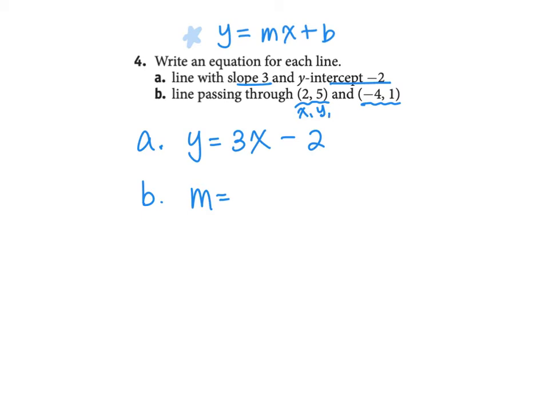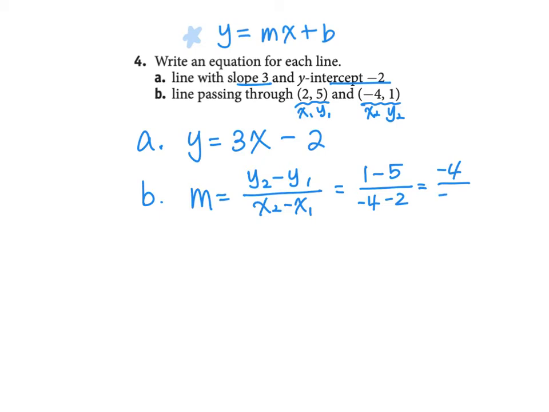The next one will be x2, y2. You can find your slope as y2 minus y1 over x2 minus x1. So our y2 is 1, y1 is 5, over negative 4 minus 2. So that would be negative 4 over negative 6, which would be positive 2 over 3.